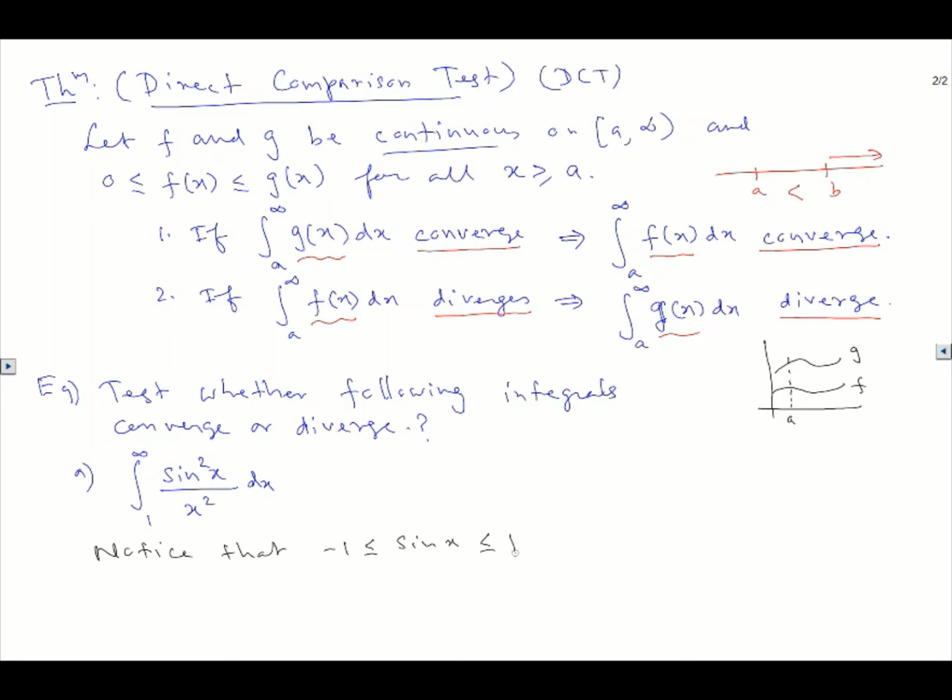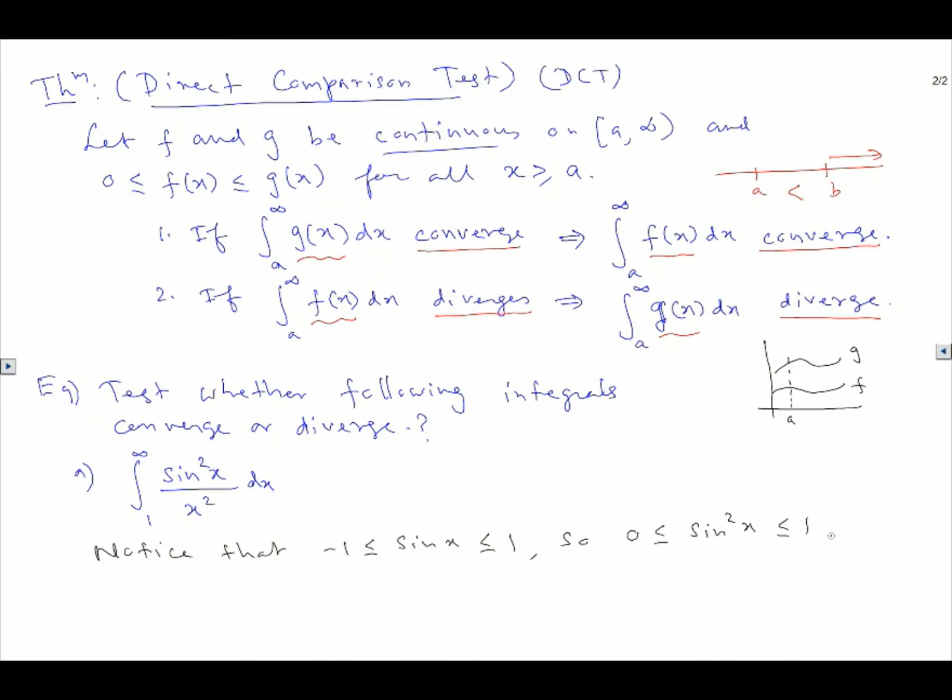That we know. So if you square any number between -1 and +1, what's going to happen? The square is always in between 0 and 1. So that's true, right? The square is always in between 0 and 1.